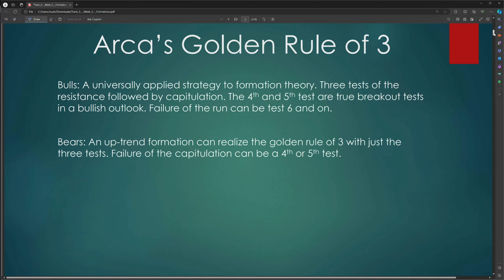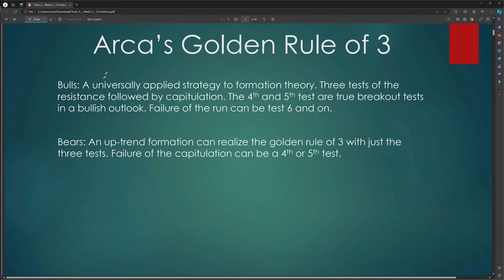It really lays upon how you personally backtest a golden rule of 3, and you will understand this as we move forward. But this is a very important aspect in trading that actually has some consistency. It has some consistency throughout the markets in several different formats, except for one, and you will learn that later on.